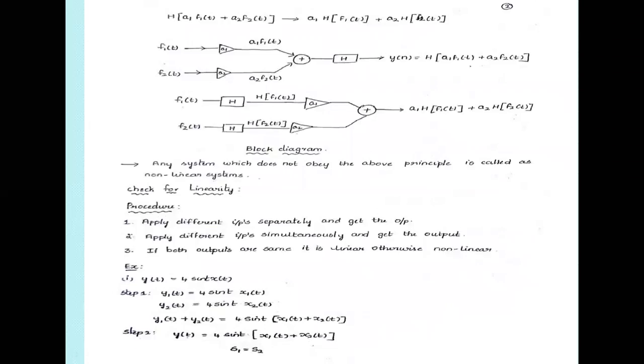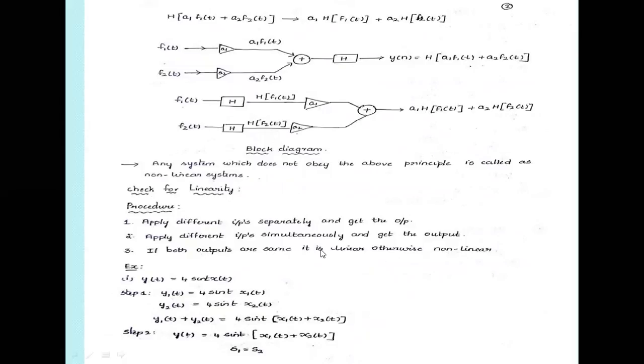See the examples on whether the given system is linear or not. Check for linearity. The procedure is: apply the different inputs separately and get the output; apply the different inputs simultaneously and get the output.